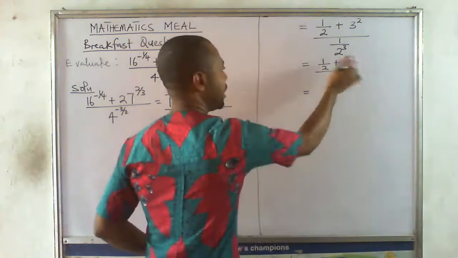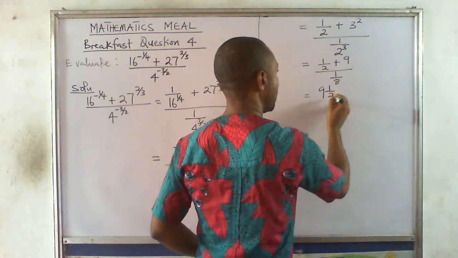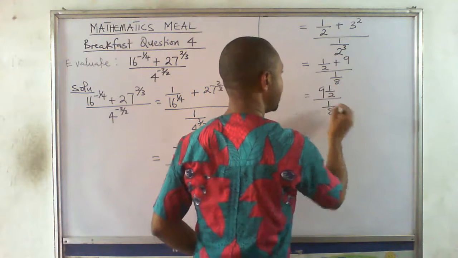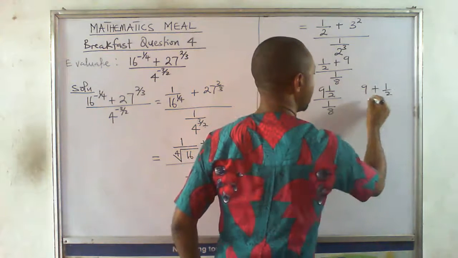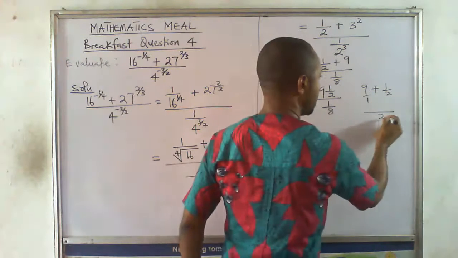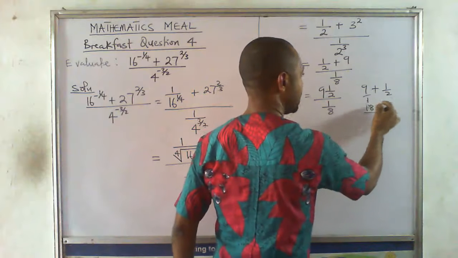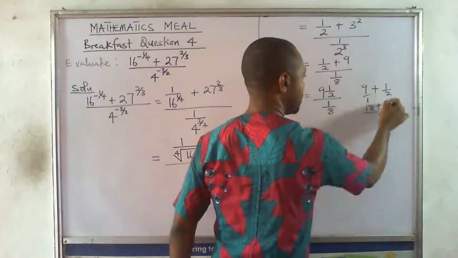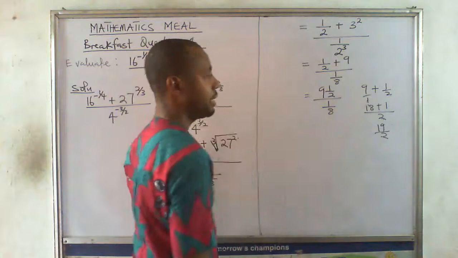Someone will ask how 9 plus 1 over 2. You know how we do that? 9 is the same as 9 over 1. So 2 times 9 is 18, plus 1 gives us 19 over 2. And 19 over 2 is 9 and a half.